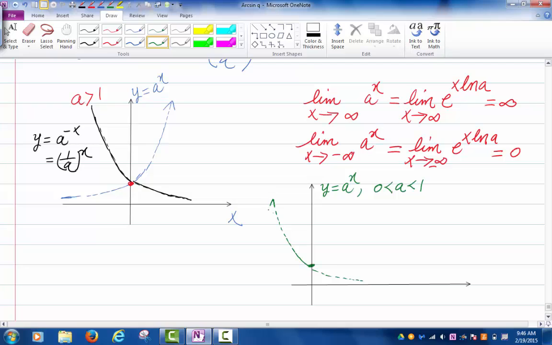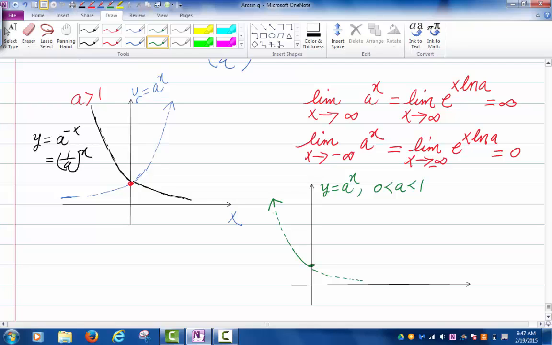Okay, so that's the graph of a to the x when a is between 0 and 1. Any questions, anybody? If you look at my first picture, if I ask you what's the graph of 2 to the x, what did you say?